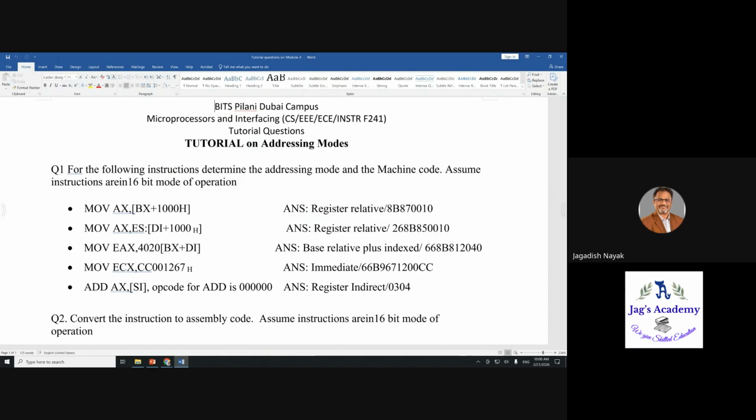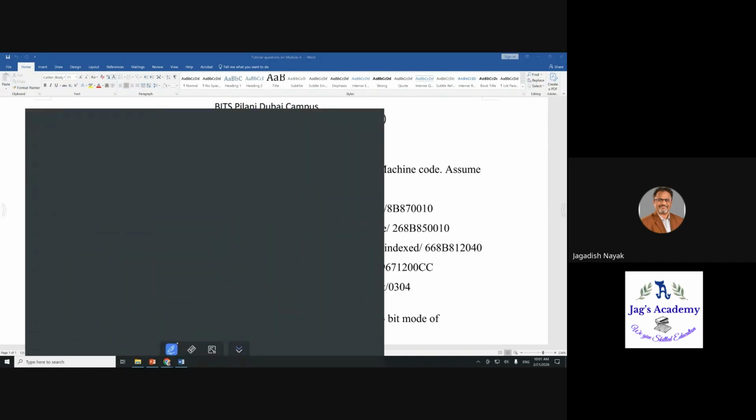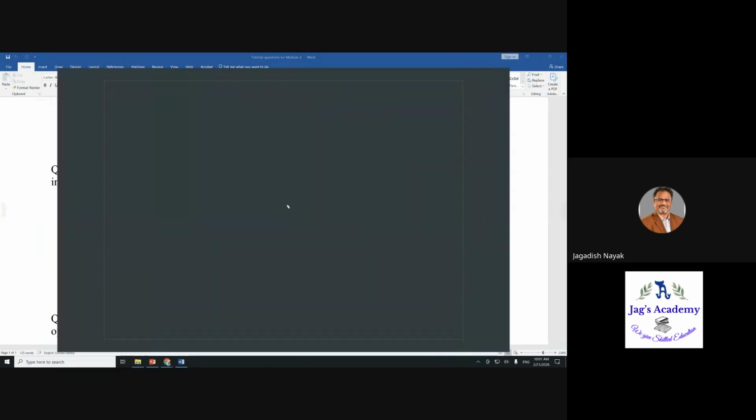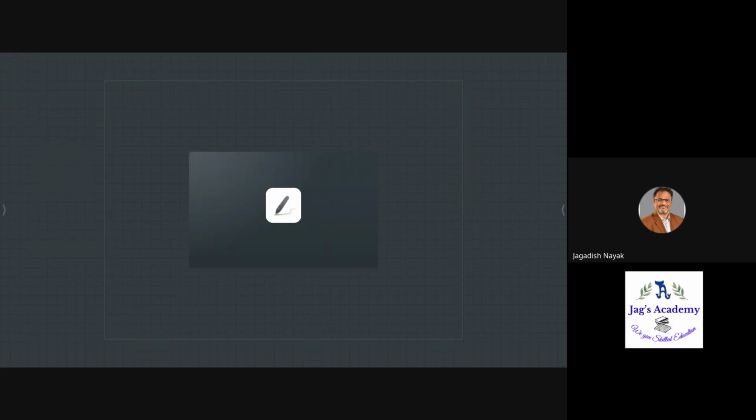See, this AX, BX, CX, DX, all these registers you see in the microprocessor are used for the 16-bit mode of operation. The moment you go to 32-bit mode of operation, your registers become EAX, EBX, ECX, EDX, and so on. Listen carefully. It's very easy to remember. See here.